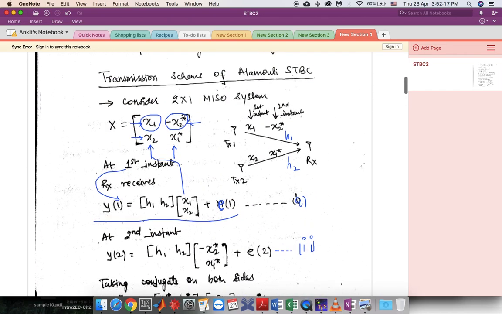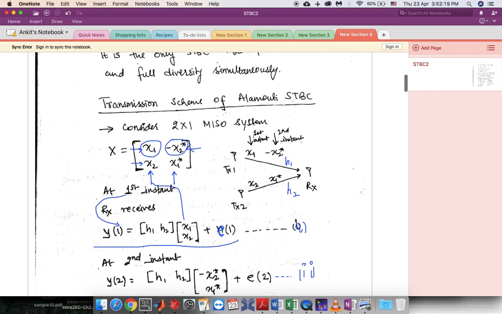So what we can do here, we can do beamforming since it's a 2 cross 1 system. However, we are employing Alamouti STBC or orthogonal STBC because of the absence of the channel state information at the transmitter, right? However, the receiver always has the knowledge of the channel coefficients, so we will use receiver beamforming.